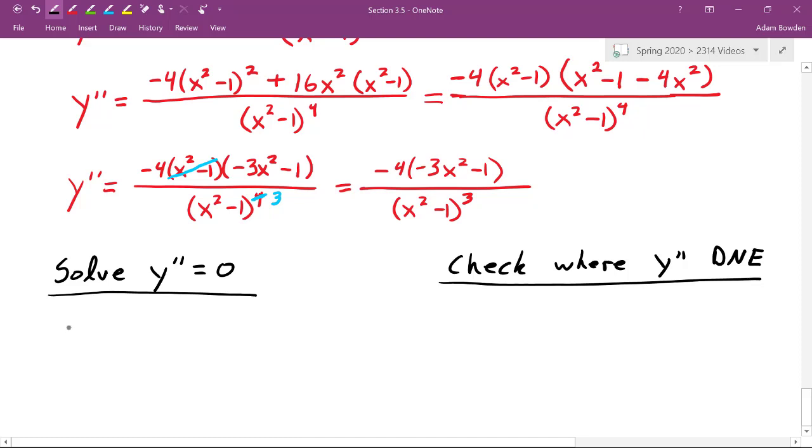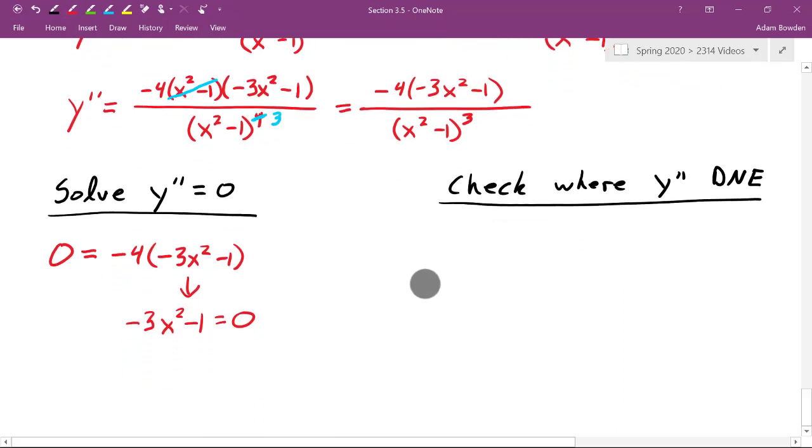Okay, for setting it equal to 0, why don't we just take a shortcut and just look at the numerator, since that's the only thing we really have to worry about here. The denominator, we'll check that a little bit later. Now if we set this equal to 0 and solve for x, really, we just have to set this factor, negative 3x squared minus 1, equal to 0.